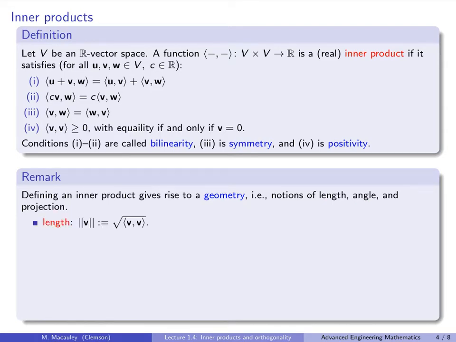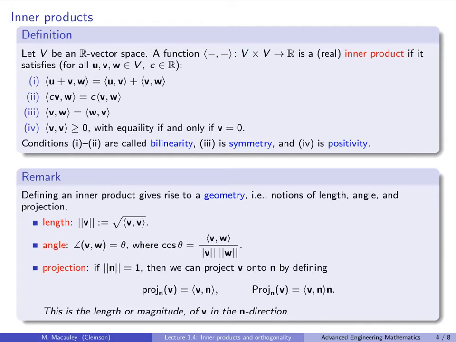In particular, the length of a vector we can just declare to be the square root of V dot V. The angle between vectors V and W, we can say the cosine of the angle is V dot W divided by norm V times norm W, where norm V and W we just defined above. And again, we have to be careful because there are two values of theta in 0 to 2 pi that give the same cosine, but that's elementary. That's something that we can deal with.